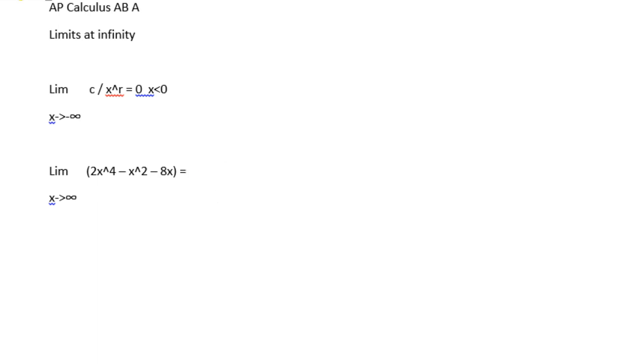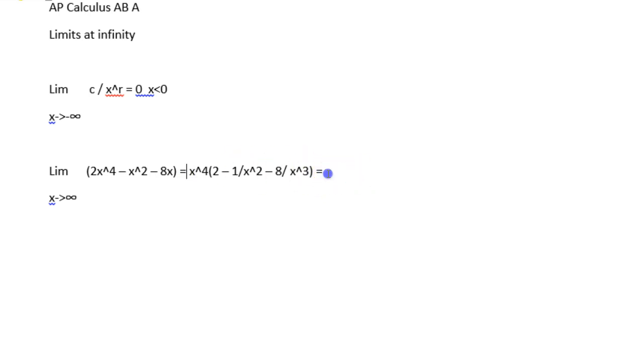So what we're going to do is factor out an x to the 4th. Now some of you guys are going, wait, I can't factor out an x to the 4th. Yes, you can, because remember, division is just subtraction of exponents, so you get 2 minus 1 over x squared minus 8 over x to the 3rd. Now for those of you paying attention at home, this is still a limit, the limit as x approaches infinity.